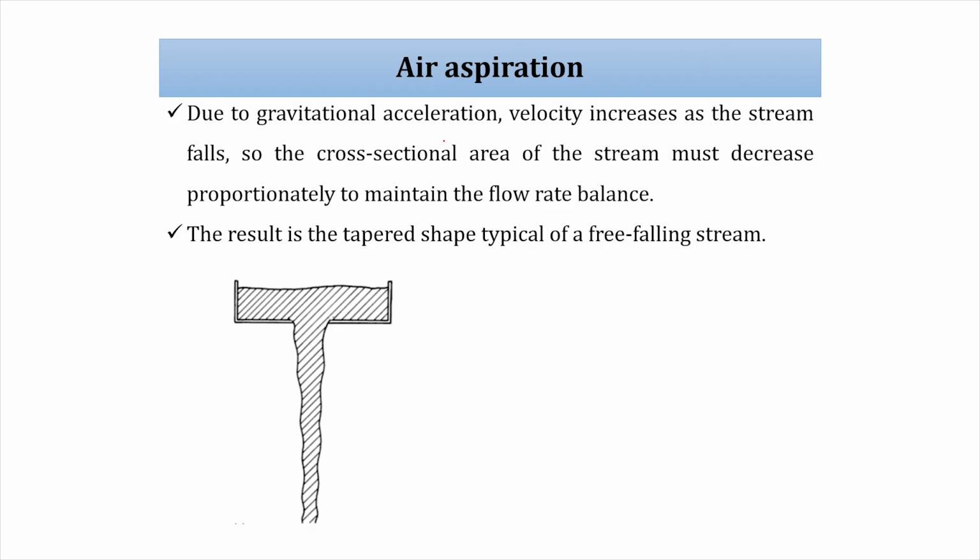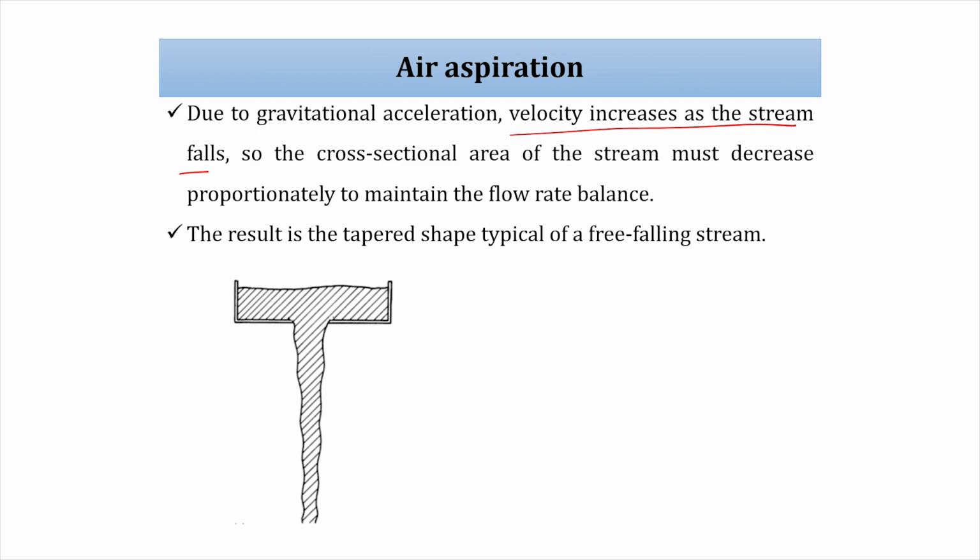As your jet is going down, you will see the jet diameter continuously decreasing. Why does this happen? Due to gravitational acceleration, velocity increases as the stream falls, root 2 g h. At the top we have also seen velocity is proportional to h.